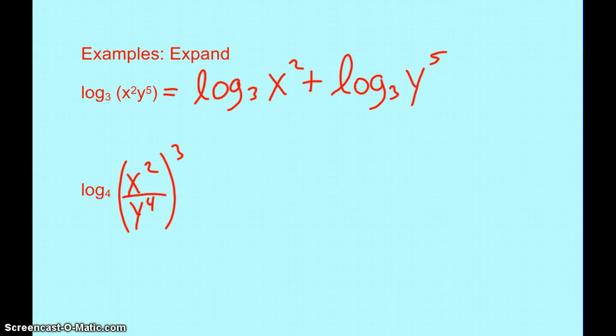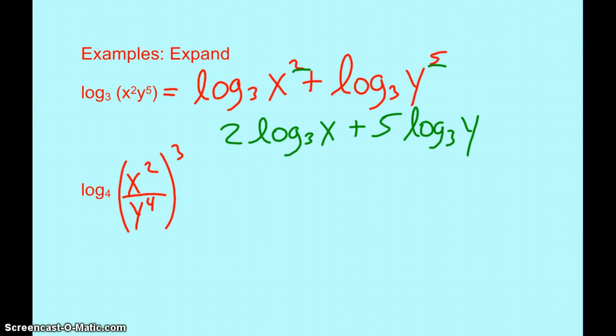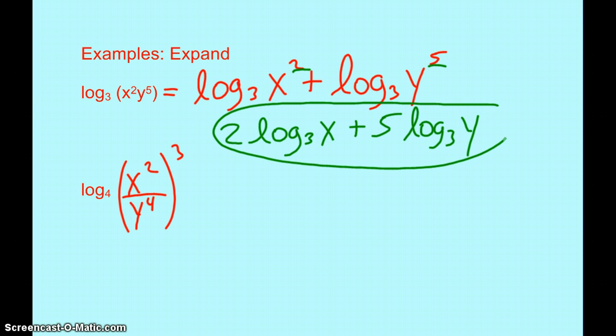This is not my completed solution, however, because I have these exponents, the 2 and the 5, that I can do something with as well. My power property says those can move in front as a multiplication, so I get 2 times the log base 3 of x plus 5 times the log base 3 of y. That would be my final solution for expanding that logarithm.